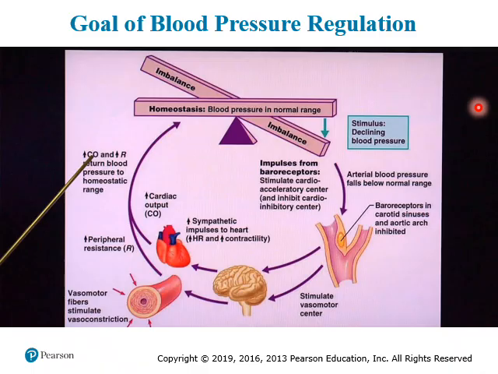If blood pressure to the brain is too high, a person would have a stroke. So pretty much the goal of blood pressure really is to make sure that the blood pressure is just right for tissue perfusion to occur. If it is too low, then tissue perfusion will also be reduced. If it is too high, then it might damage the blood vessel.